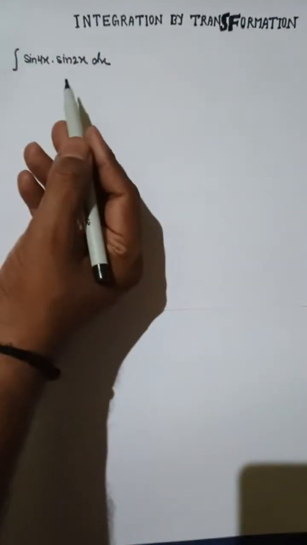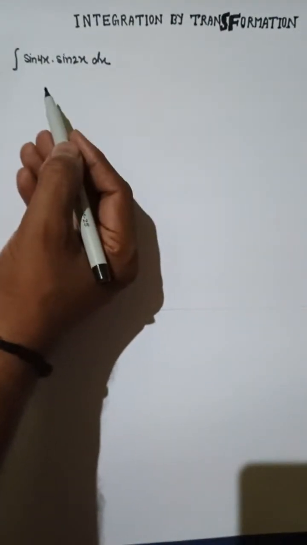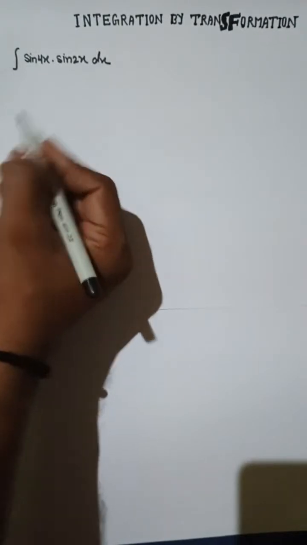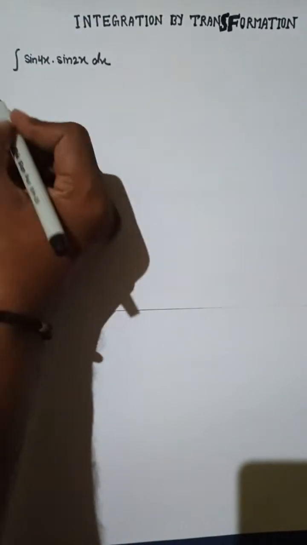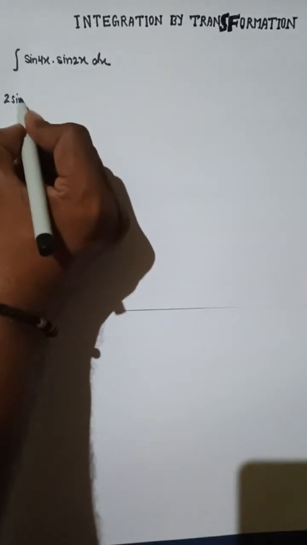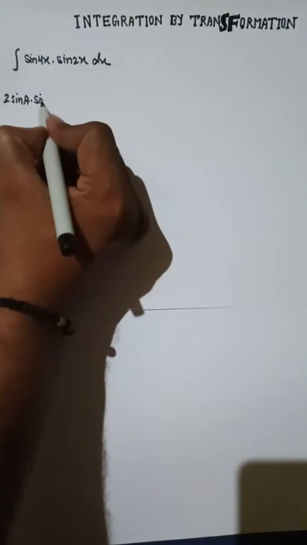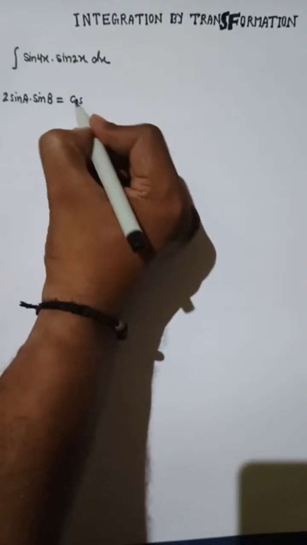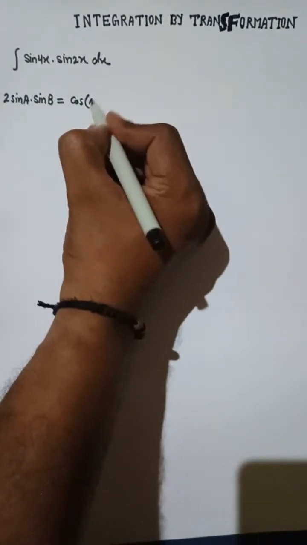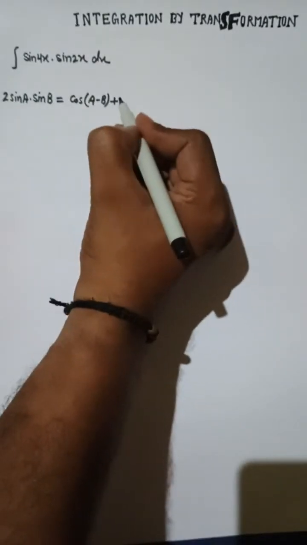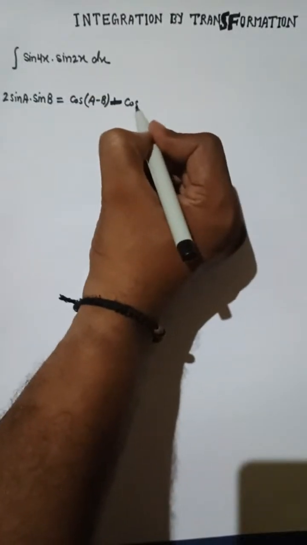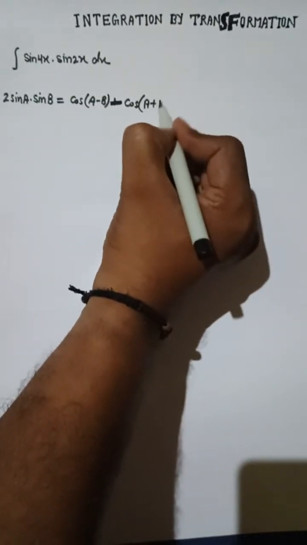Sine 4x into sine 2x dx. This integration can be solved by one formula. This important formula I'm just going to write here. We know that this formula is 2 sine a into sine b is equal to cos a minus b minus cos a plus b.